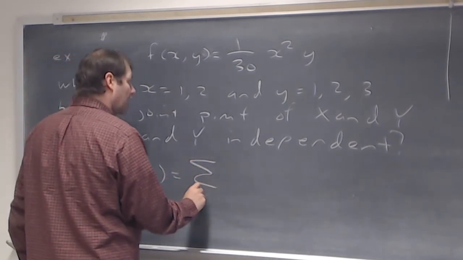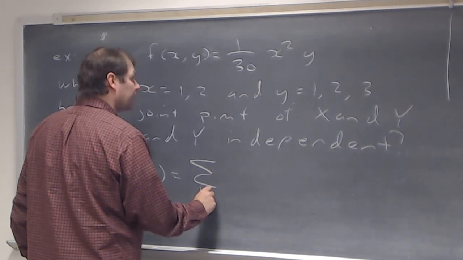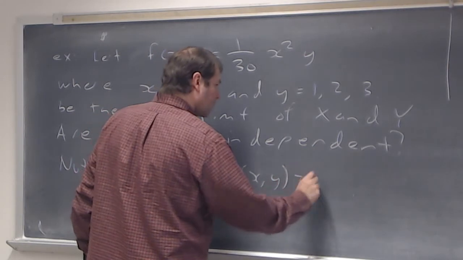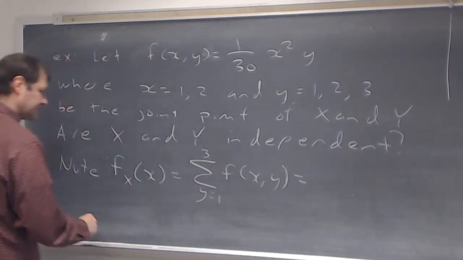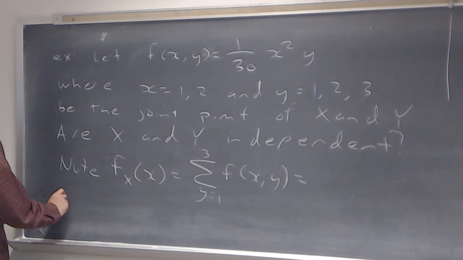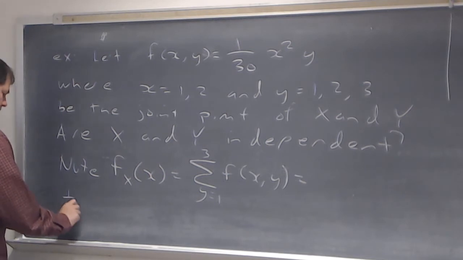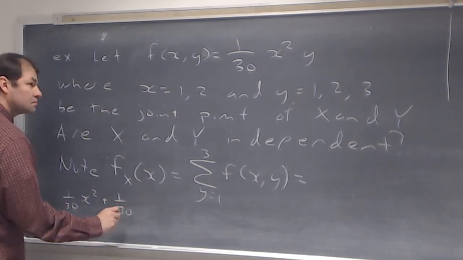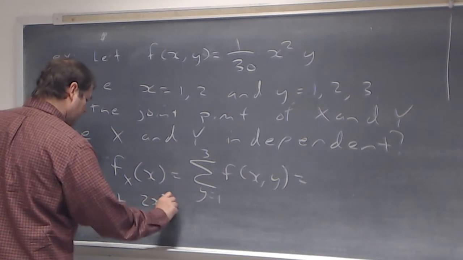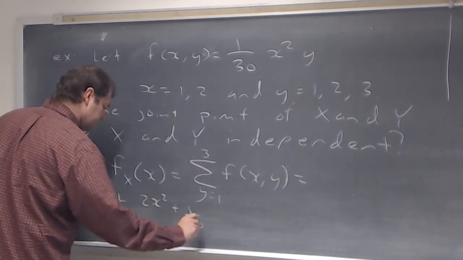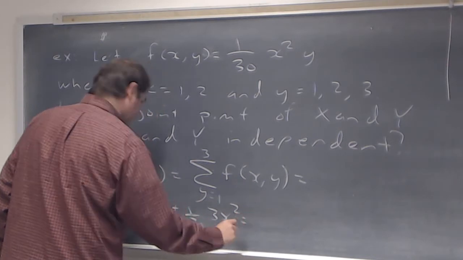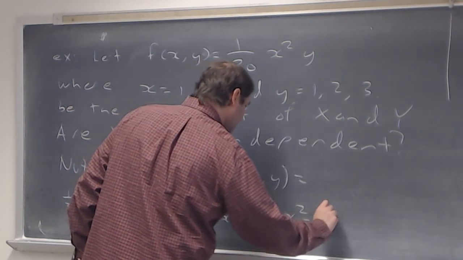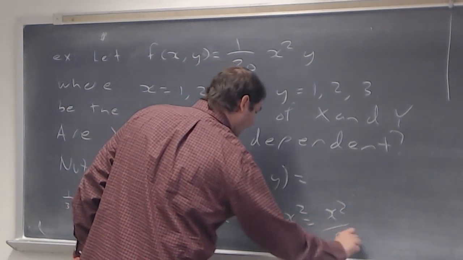Remember, that was the sum over all y values, and here y would run from 1 to 3, of f of x comma y, which will be equal to 3 items: when y is 1, we have 1 over 30 times x squared, plus 1 over 30 times 2x squared, plus 1 over 30 times 3x squared. And when I add those together, that's 6 over 30 x squared, which equals x squared over 5.